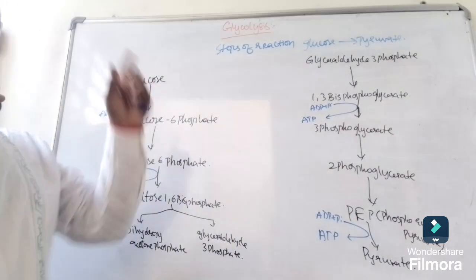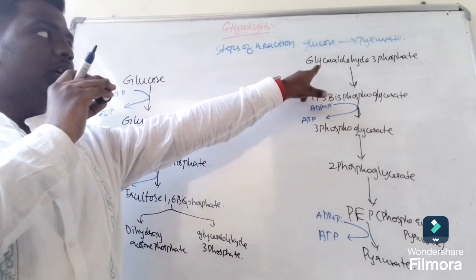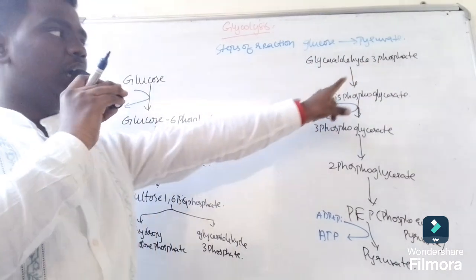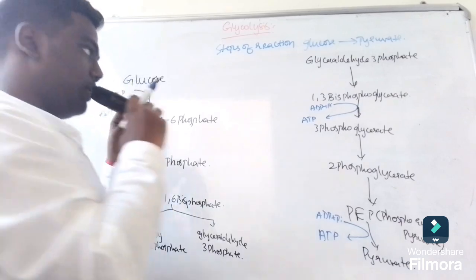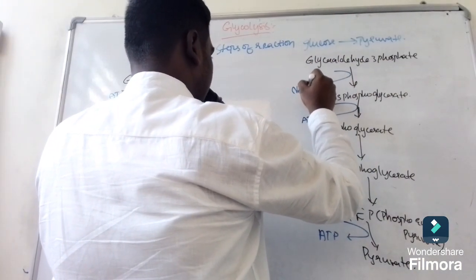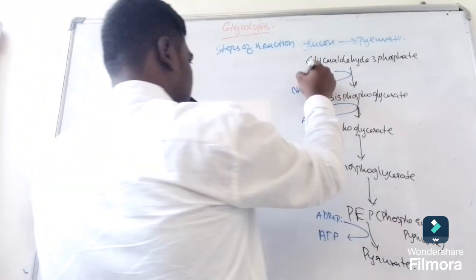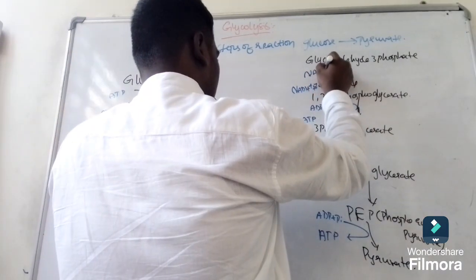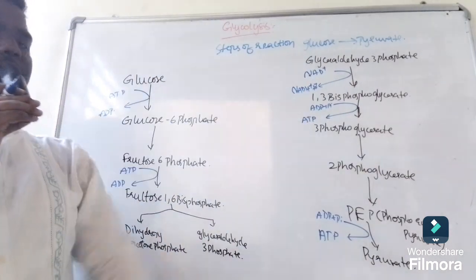One more thing we have to remember is that in the conversion of glyceraldehyde 3-phosphate to 1,3-bisphosphoglycerate, NADH plus H plus is produced at this step.